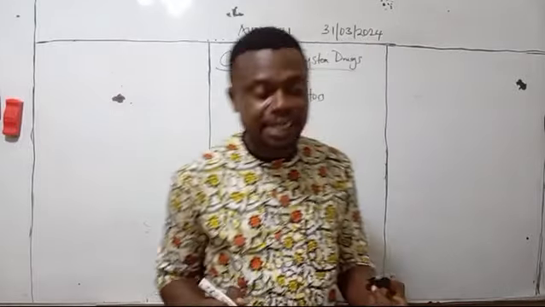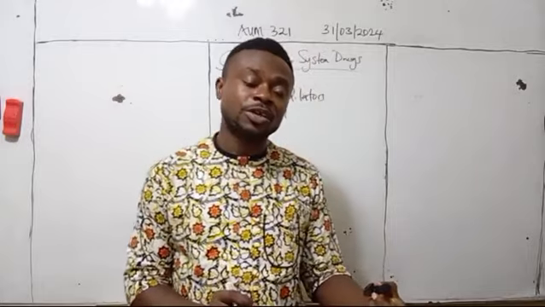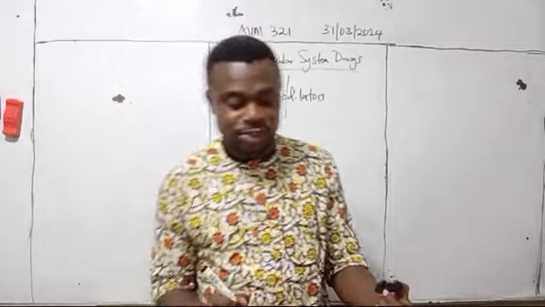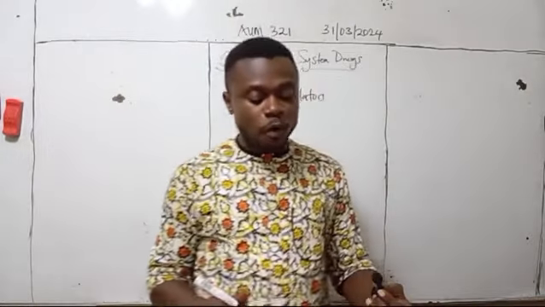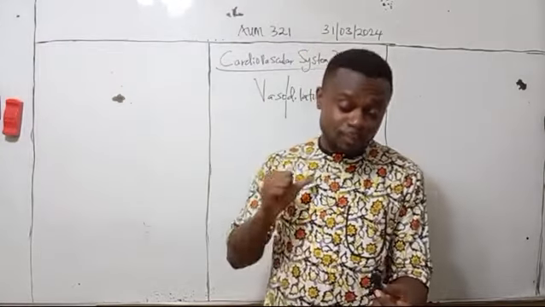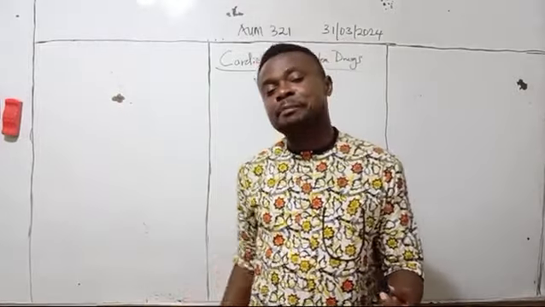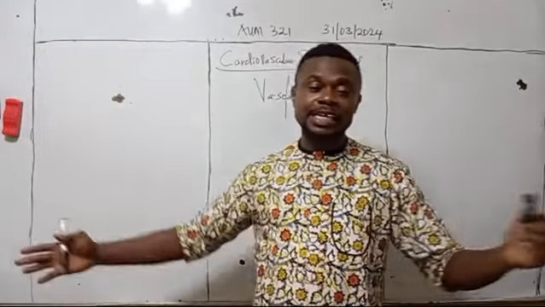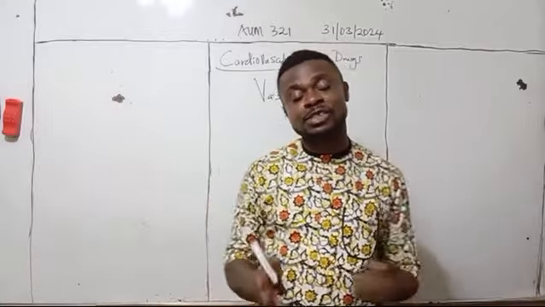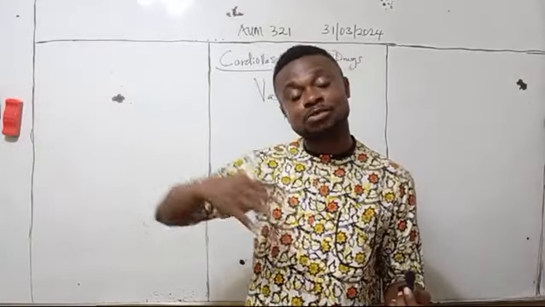Basically, vasodilators dilate the blood vessels. By dilating the blood vessels, they allow more blood to leave the heart. That is for those that work more in the heart. Generally, for those that act peripherally, as the peripheral blood vessels are dilated, the blood from the heart can easily come out.